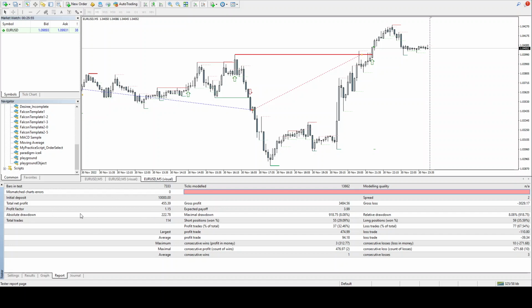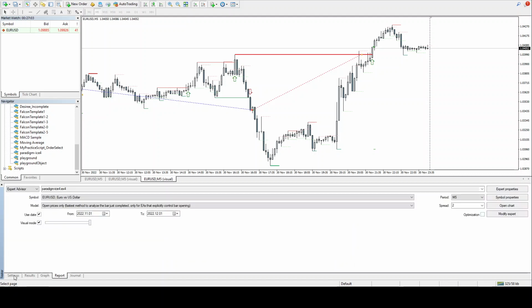You can pay attention to every parameter here, but what is most important here is the total net profit, the absolute drawdown and the maximal drawdown. The consecutive losses and the percentage of profitable trades, 32%, is also important.